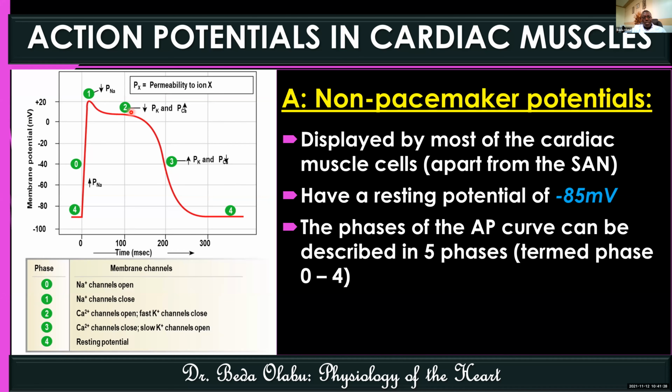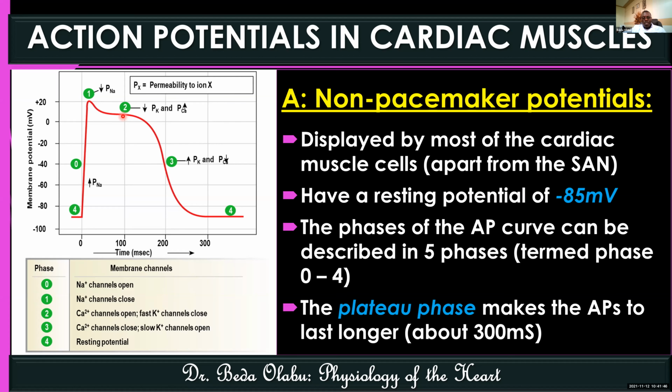After phase 1, now we go to phase 2. From this graph, we note that phase 2 is a unique phase. We didn't see it in neurons, but we are now seeing it in non-pacemaker potential. Phase 2 is called the plateau phase of the action potential.